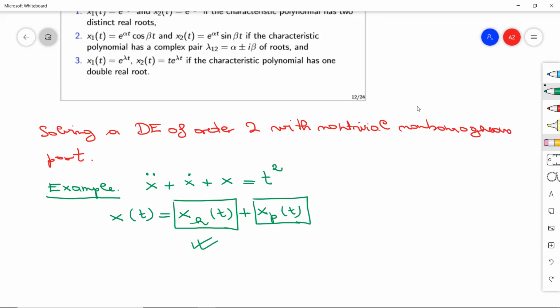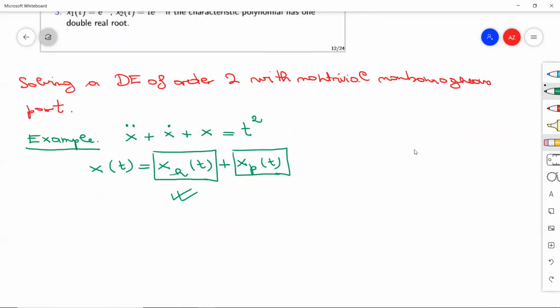So let's try to guess what would be the form of the solution. So x_p of t, I ask you if you would dare to guess what would be the form of the solution.